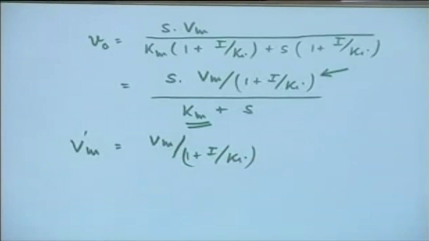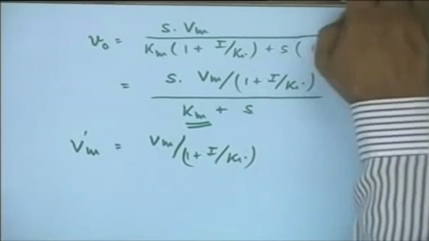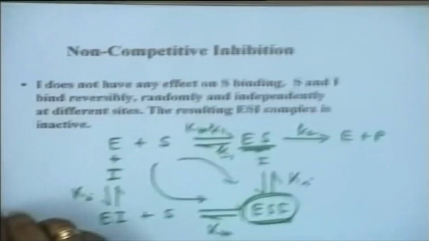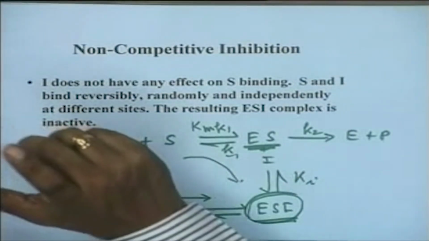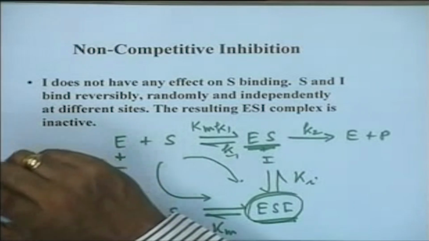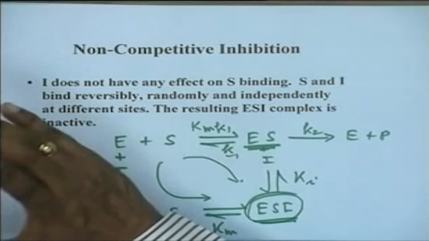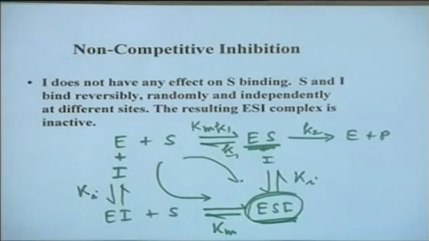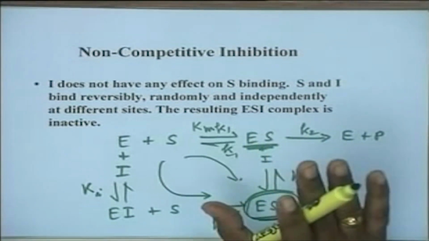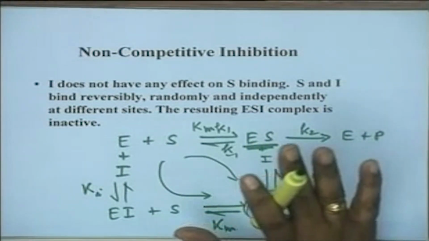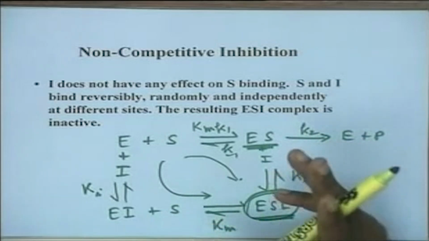Now, if you look into the mechanistic concept, it means essentially that the total fraction of the enzyme molecules which was originally present for catalytic function has now got distributed into ES, EI and ESI, and only a part of it, which is in the form of ES, is catalytically functional. Therefore, the maximum reaction velocity, which is a function of enzyme concentration, is affected because this fraction is reduced.